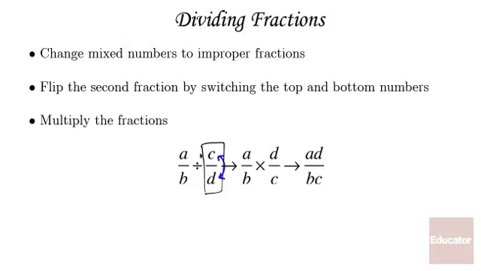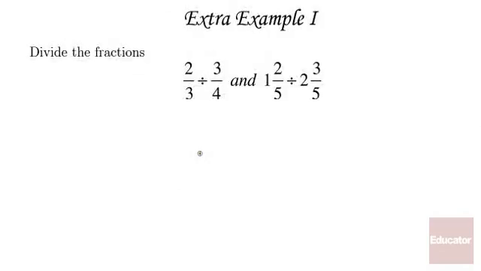Okay? So let's do a few examples. 2 over 3 divided by 3 over 4. I have no mixed numbers, so I can go ahead and work with these fractions right here. So 2 over 3.